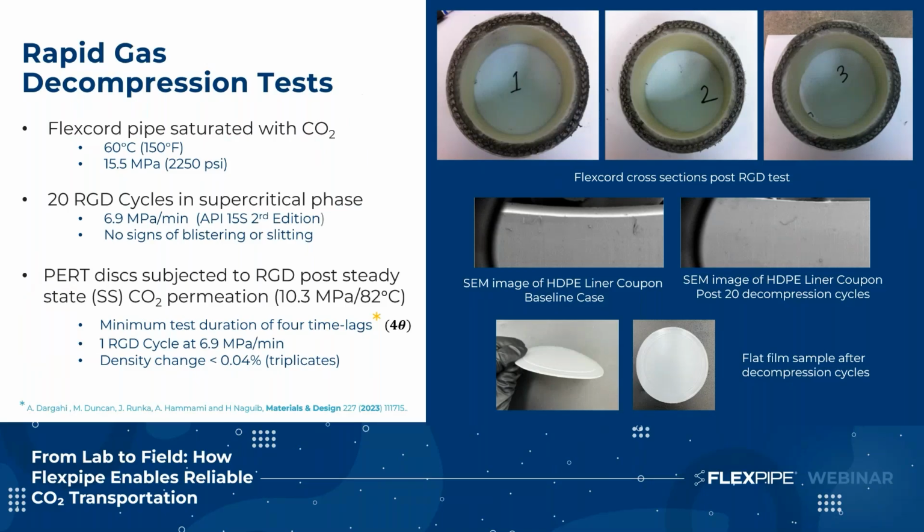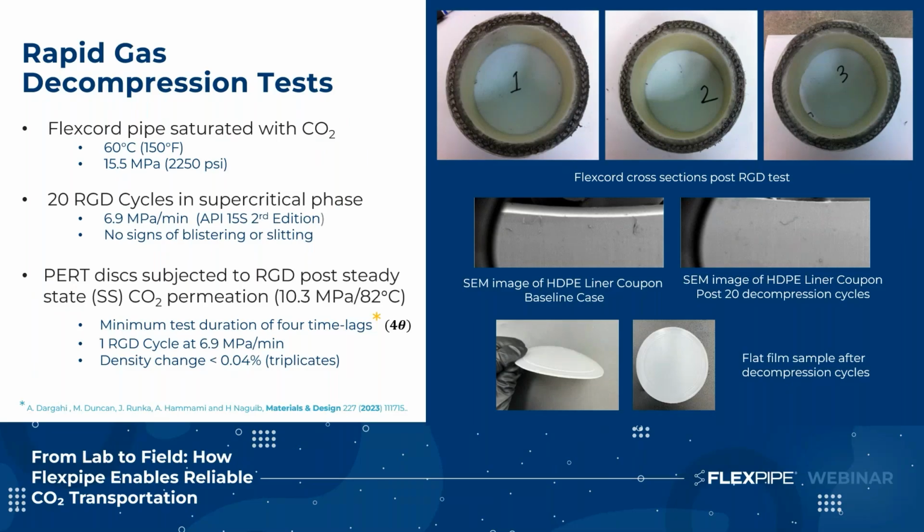Here I also wanted to touch base on the RGD or rapid gas decompression test and resistance of our RTPs. The resistance of both polymer components and pipes to rapid gas depressurizations of the line is crucial for any CO₂ application. The images on the top show the cross-section of the FlexCord pipe after rapid gas depressurization, highlighting no signs of blistering or delamination.